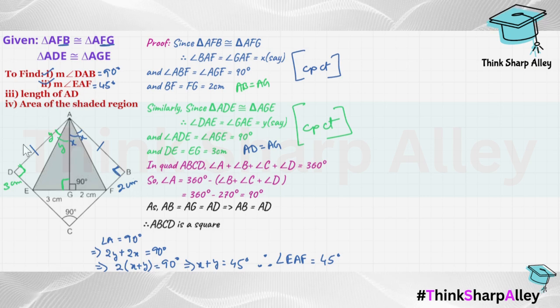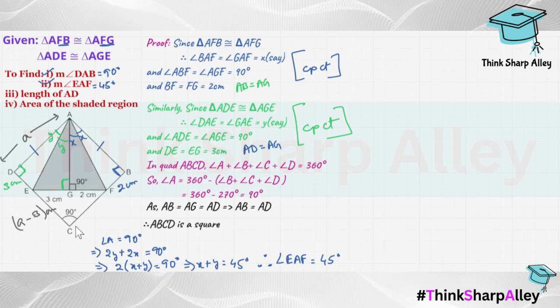So if I take the length of AD to be some other variable, let's say a. So AD's length is now a, which means each of these sides, since it's a square, will be a units. And since this much portion is 3, that automatically makes CE to be a minus 3, right? a minus 3 centimeter.